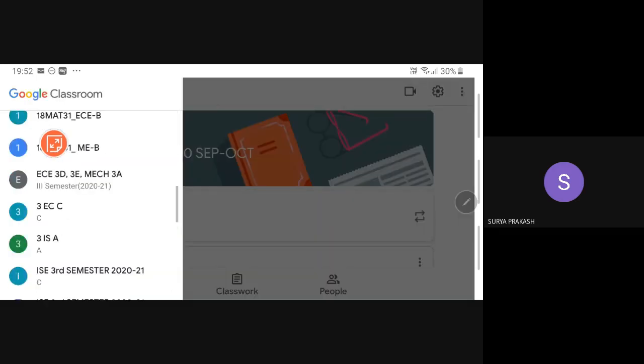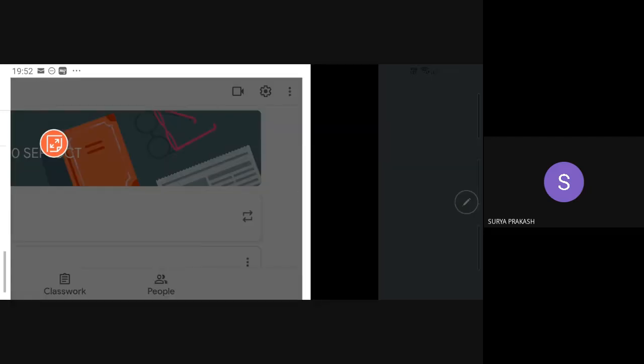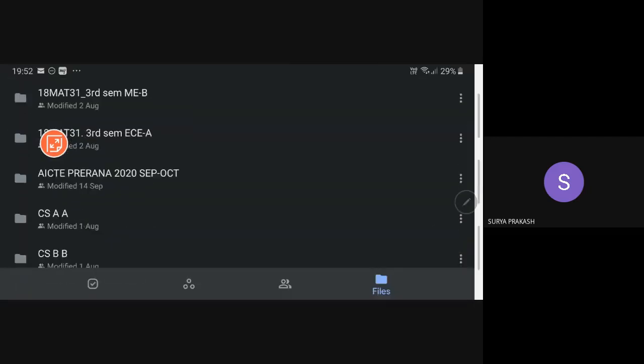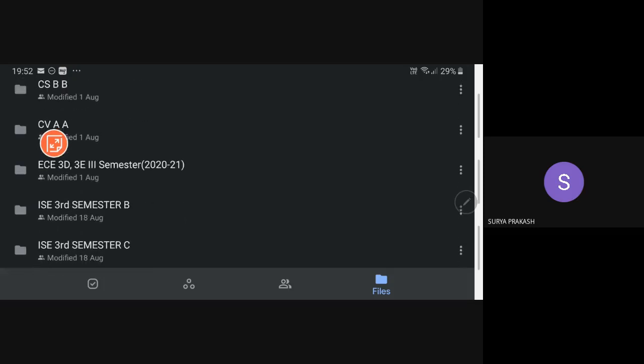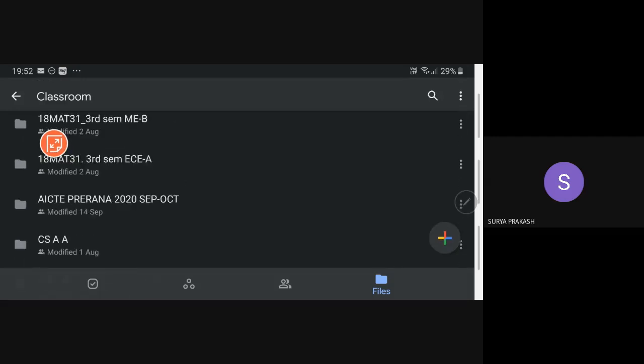There is a folder, or you can look into your personal drive also. In the classroom, because I am dealing with more than one class, I have given AICTE, Prarana. That is the drive, and everything will be there. Please check that one.